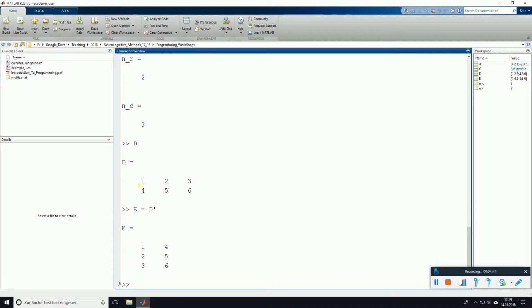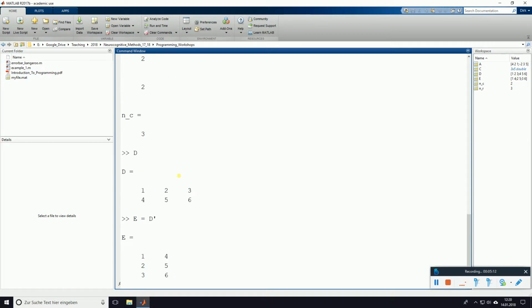This exchanges the rows for columns, or vice versa, the columns for rows. So that's transposition. Of course, after transposition, also the number of rows and the number of columns is exchanged. So here we now have 3 rows and 2 columns.